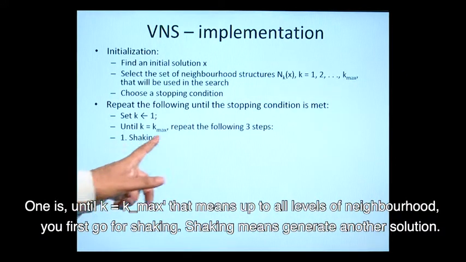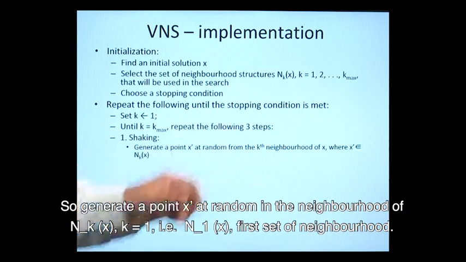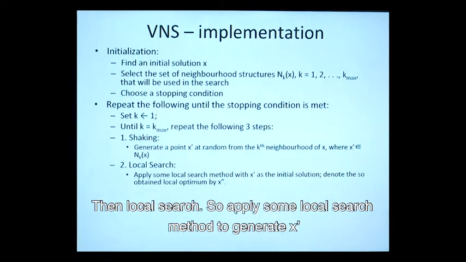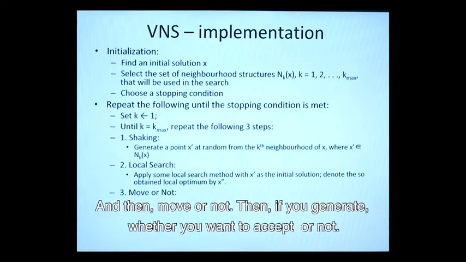First you go for shaking. Shaking means generate another solution. So generate a point x dash at random in the neighborhood N_k(x), with k equal to 1, so N_1(x) is the first set of neighborhood. Then local search: apply some local search method. Then you decide whether you want to move or not.